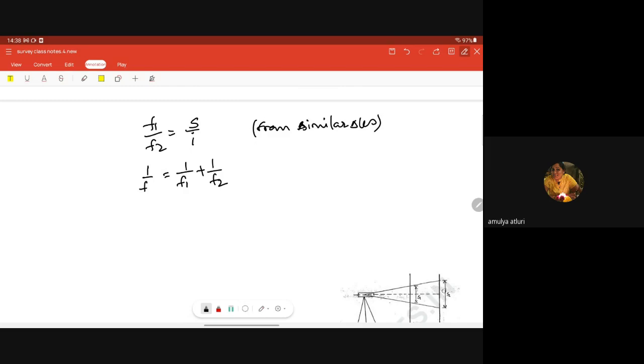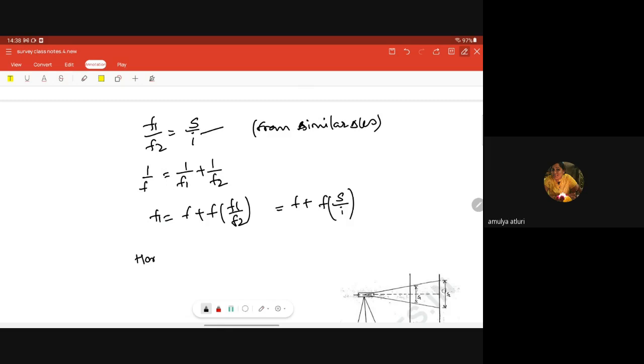If we multiply with F F1, then F1 is equal to F plus F of F1 by F2, which is nothing but S by I, as we have seen from here.